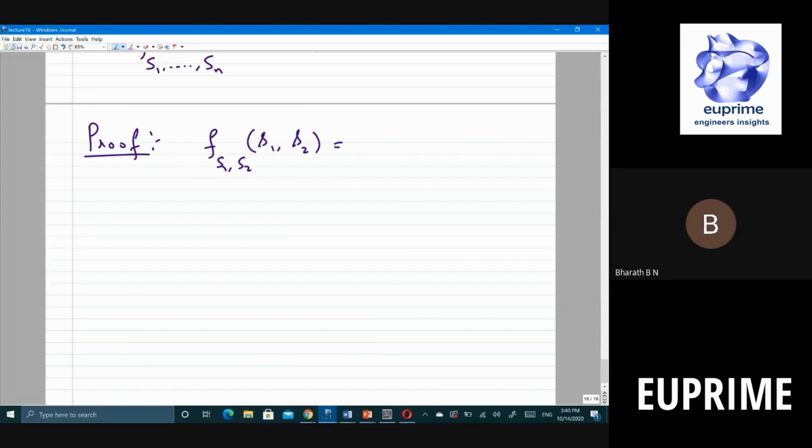I can write this in a slightly different fashion. S1 is nothing but X1, I'll call this x1, and S2. Is that fine? Now, although this is a density, you can still use Bayes' theorem. This holds good. So I can write this as f(S2 given x1) times f_{X1}(x1).